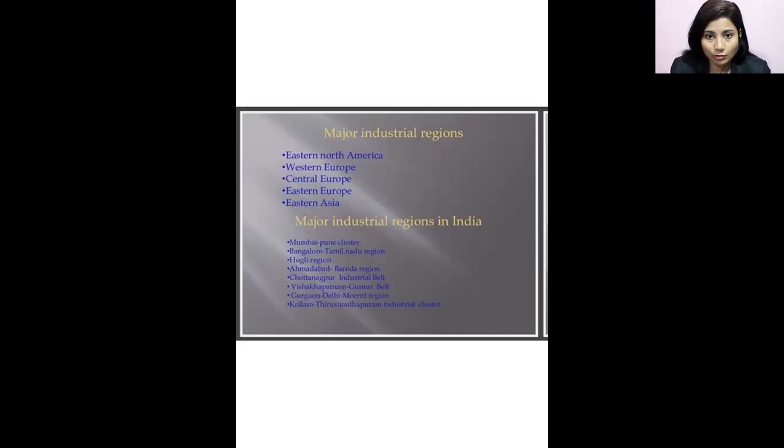Here are some of the major industrial regions. First is Eastern North America, Western Europe, Central Europe, Eastern Europe, and Eastern Asia. These are the major industrial regions.